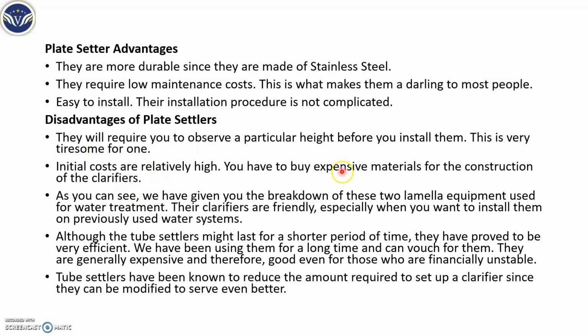Those are expensive materials. In case of a breakdown, you need to shut down the whole treatment plant itself. Periodically we need to carry out a cleaning operation, and sometimes it is not financially feasible. So these are some of the disadvantages of plate settlers.